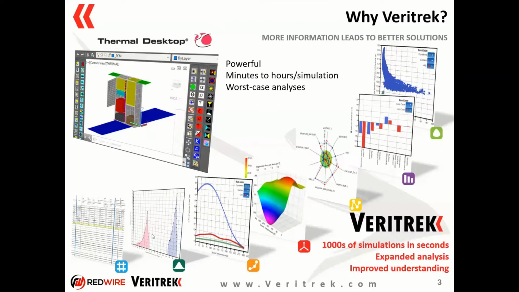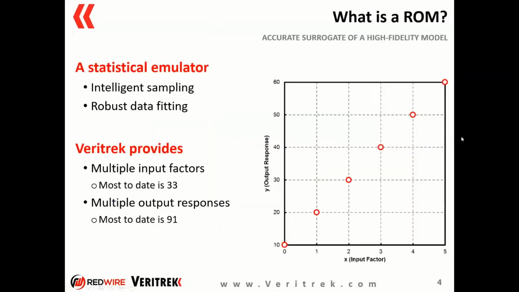We have a 2D plotting feature, again the 3D plotting feature, and our thermal model correlation analysis tool. We have screening analyses or sensitivity studies that we can do with Veritrek. And then at the upper right, we can take advantage of the speed and throw thousands of results at optimization. All right, we can move on to the next slide.